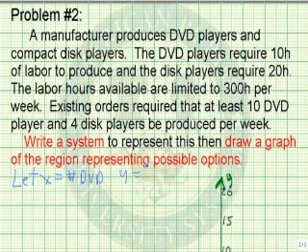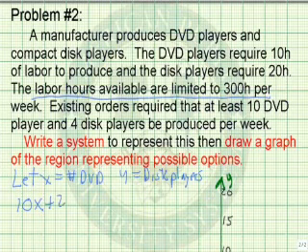Let Y represent the number of disc players. Now, we're told that labor hours are limited to 300 hours per week. So that means if we take 10 times the DVDs plus 20 times the number of disc players, that has to be less than or equal to 300 per week.